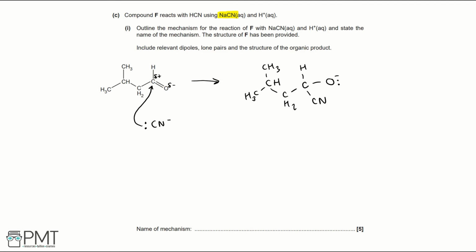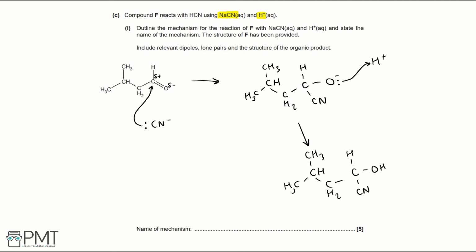Now we react with our next reagent, which is H+. So H+, and this lone pair on the oxygen is going to be attracted to the H+, and we're going to form our organic product. So again, keeping everything the same, so our CH, CH3, CH3, CH2, and then we have a hydroxynitrile, so CH, OH, and CN.